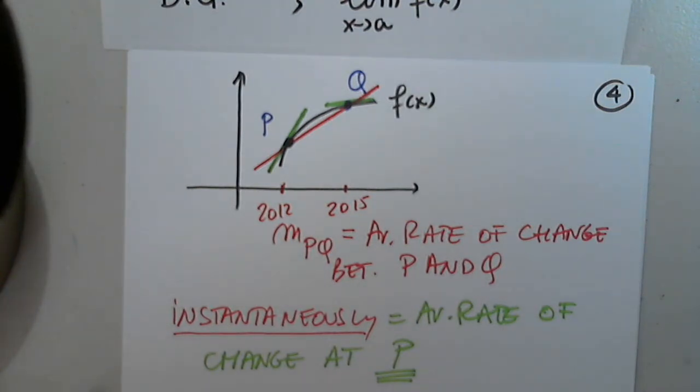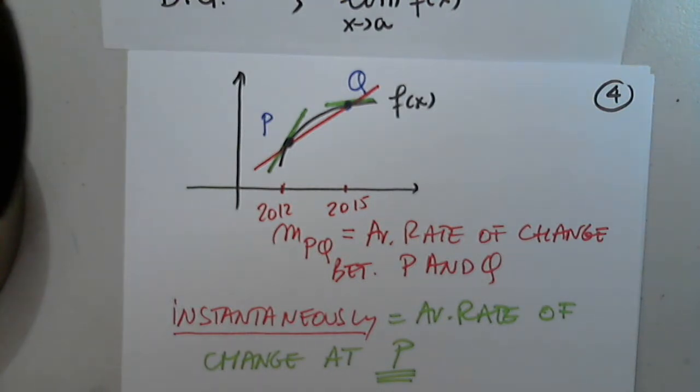That is the instantaneous rate of change. So I don't want to wait to determine a rate of change between 2 points. I want to be able to tell you at this instant, I drive at 61 miles an hour. And that is the instantaneous rate of change at that particular time.